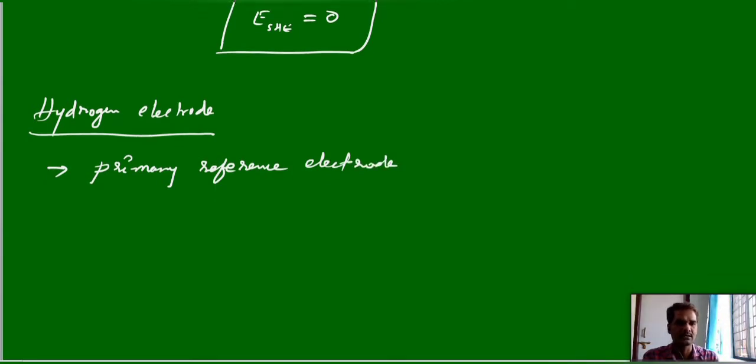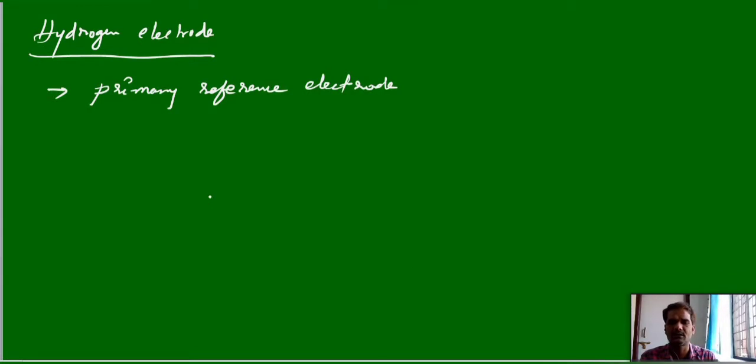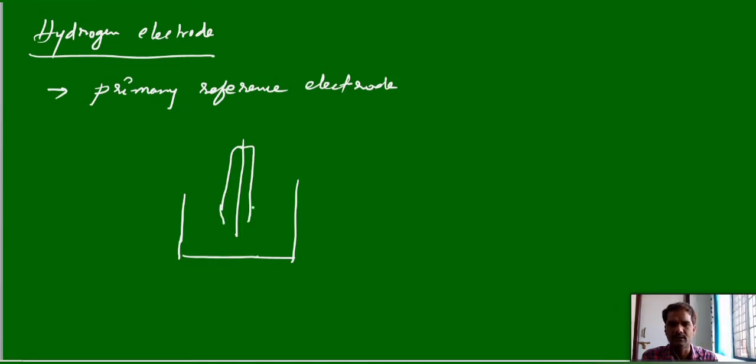You can see the cell construction and functioning of this hydrogen electrode. This hydrogen electrode contains a platinum wire which is dipped in HCl solution. This is the setup of the hydrogen electrode.